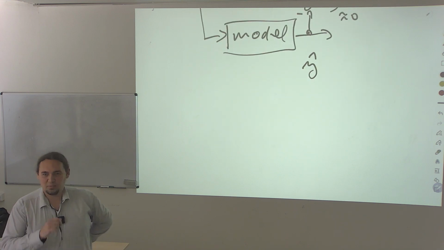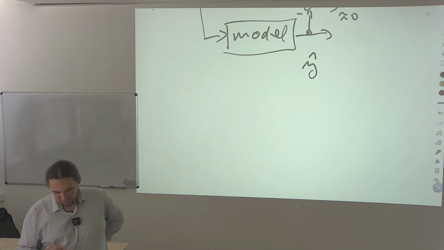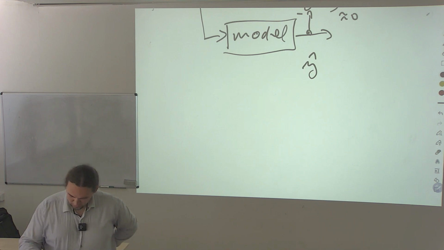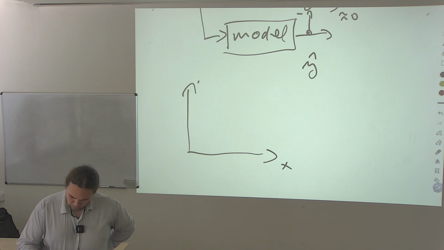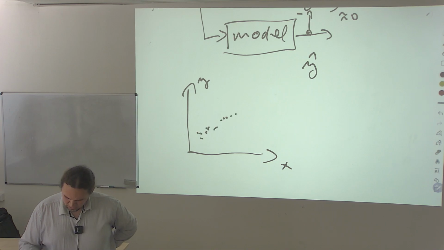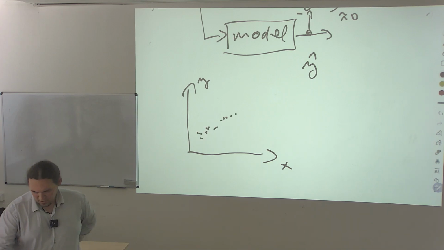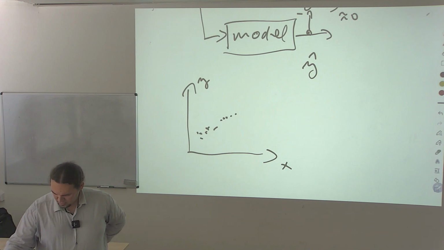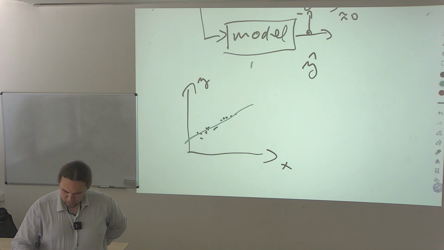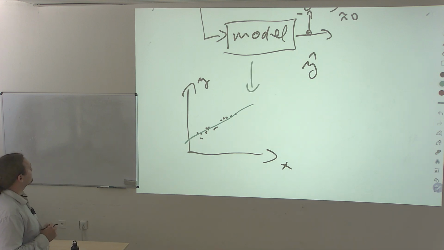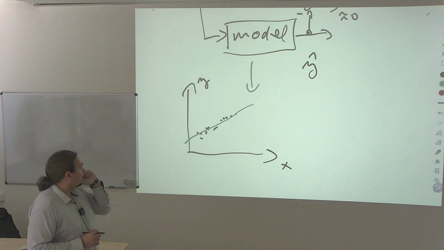Let's start with a very basic situation. I don't know exactly how to draw it, but let's say that our historical data might have looked like this, and our model, our fit, this is what we got.